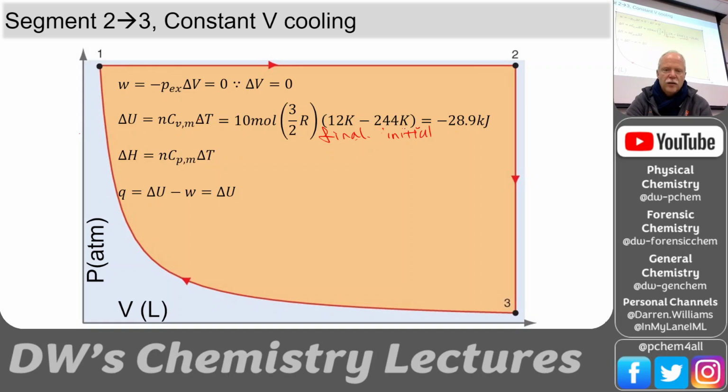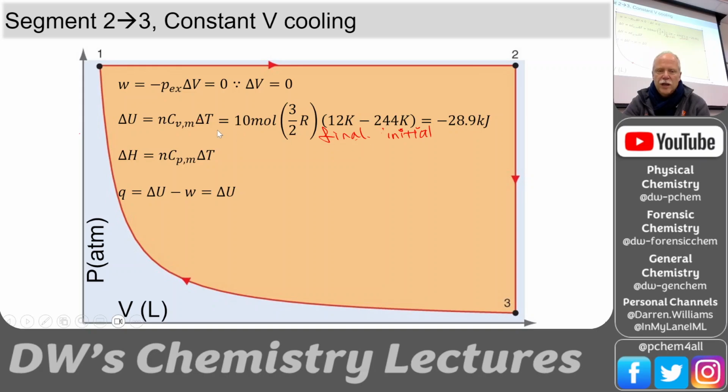A lot of students, and myself occasionally, are biased against negative numbers. So we like to do big minus small because it's easier to do in our heads, but it's not big minus small, it's final minus initial. And final is smaller than the initial, so this temperature change is negative, which means the energy change is negative, which means the heat came out or energy came out of the system.